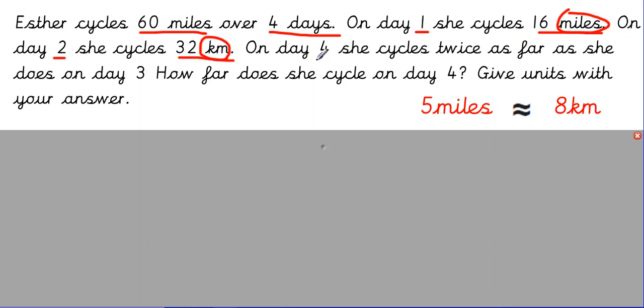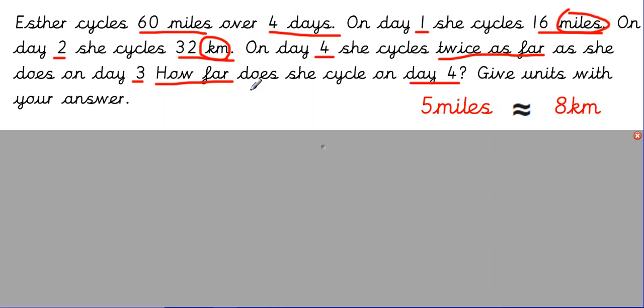On day 4, she cycles twice as far as she does on day 3. Okay, so how far did she cycle on day 4? Give units with your answer. You want to know how far she cycles on day 4.